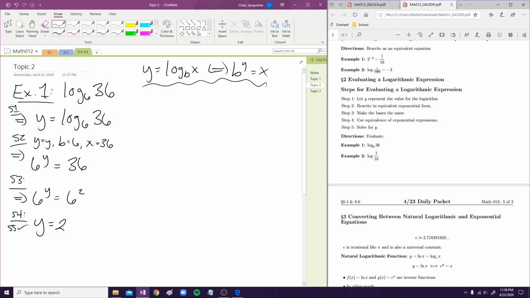So step 5, done. We know y is equal to 2. However, there is a step 6. When you say y equals 2, it's like, what equals 2? Because there is no y in our original equation. So we have to say log base 6 of 36 is equal to 2, and this is your final answer.